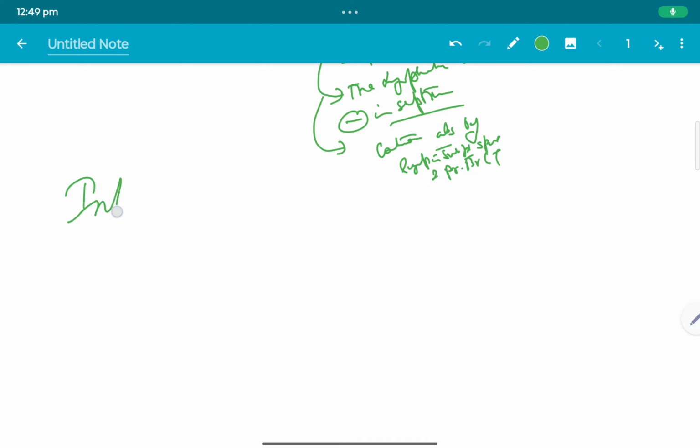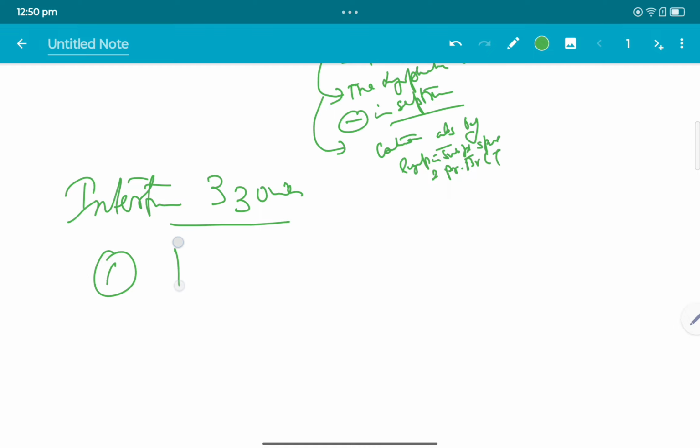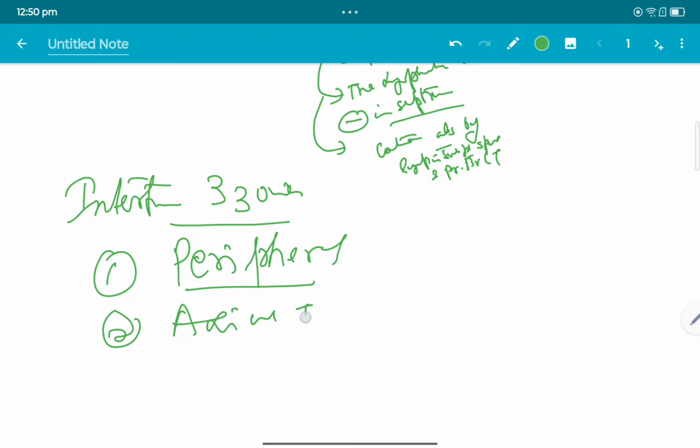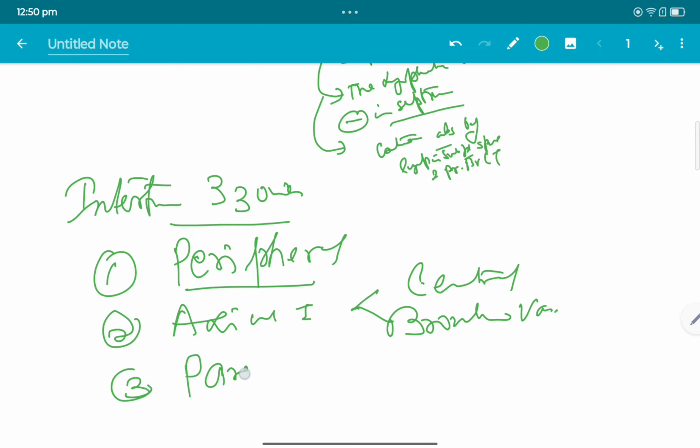The interstitium has three zones: peripheral interstitium, axial interstitium, central and bronchovascular, and third, the parenchymal.